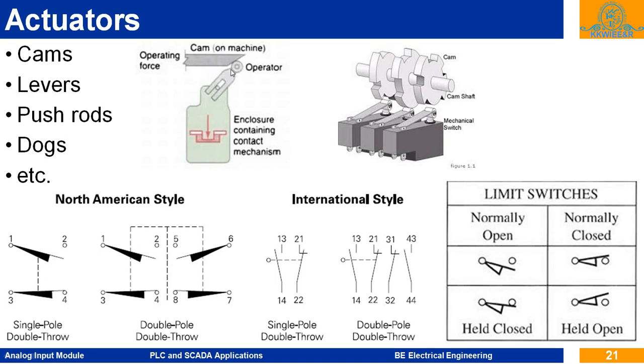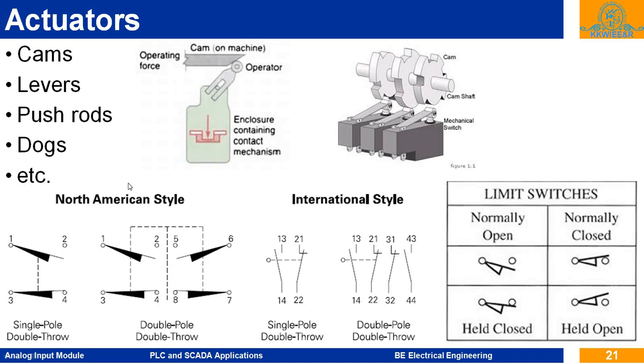Based on this operation of the actuator, the movement is transferred through the head to the element, so that the contacts open or close, that is, make or break. These are the cams, which may be vertical or cylindrical. So these are the various actuators that operate the limit switches.